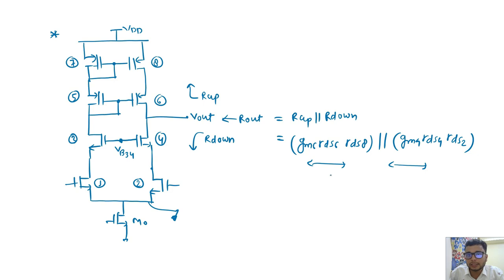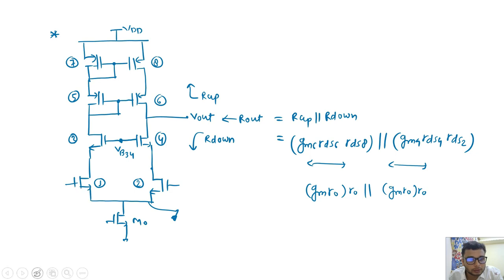Intrinsically, if I consider all these RDS the same or gm the same, let's suppose, then it will be gm R0 times R0 parallel with gm R0 times R0. So previously it was only the parallel of two R0s.